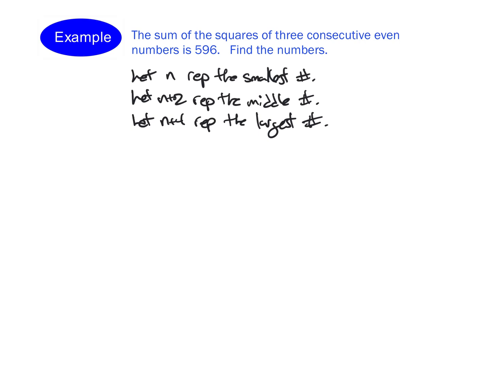So now, reading the question, the sum of the squares. It means we're going to be squaring these numbers and doing what with the squares? Adding them. Yep. So n squared plus (n plus 2) squared plus (n plus 4) squared equals 596.